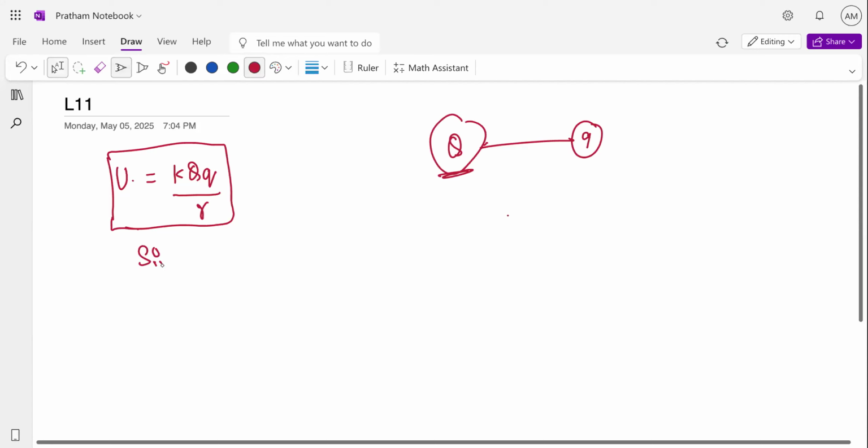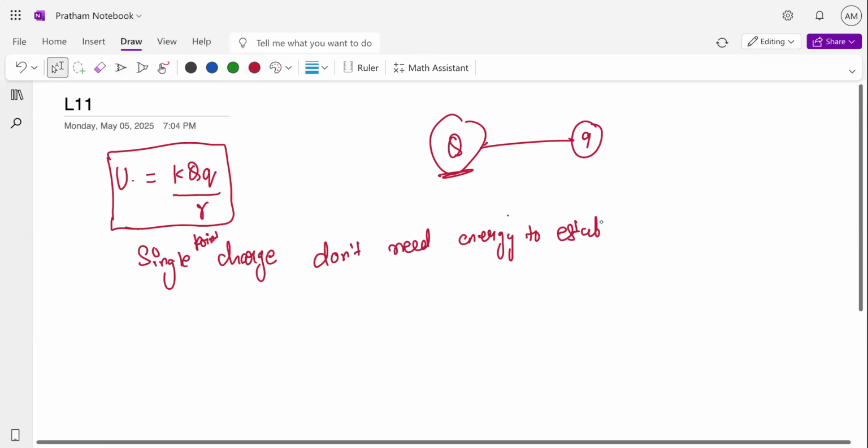So I can write: a single point charge doesn't need energy to stabilize itself.